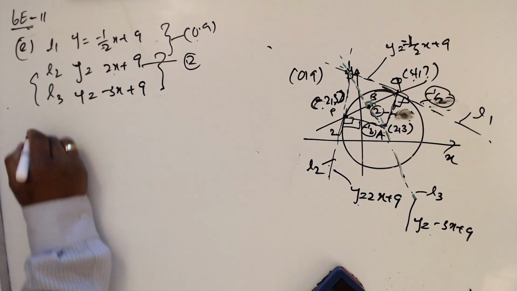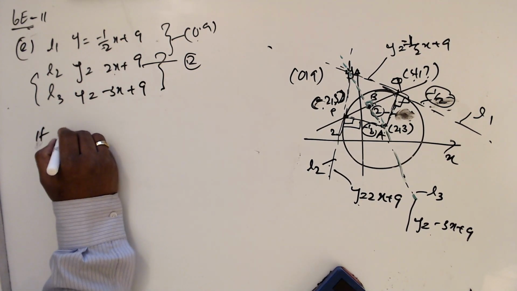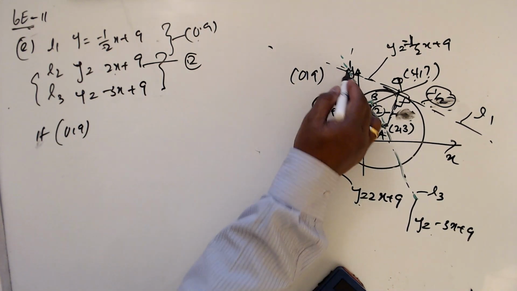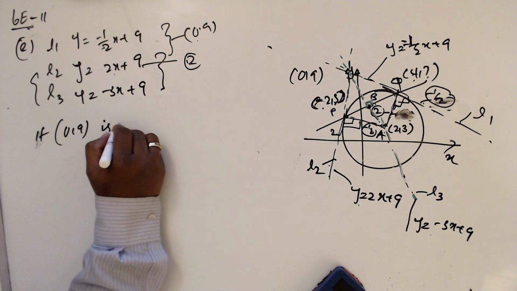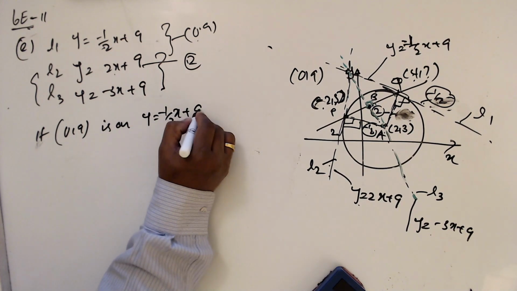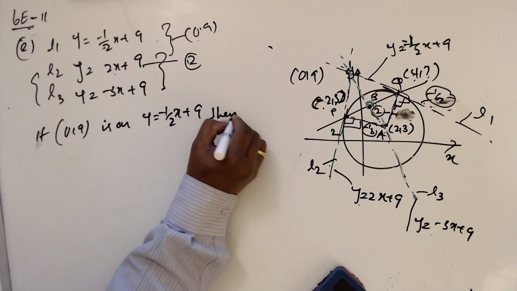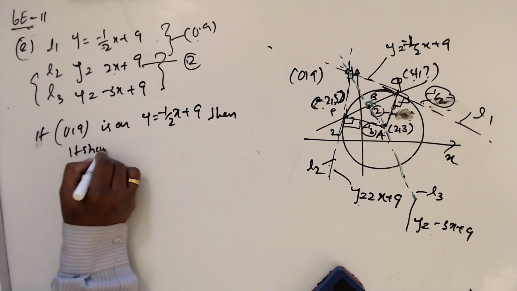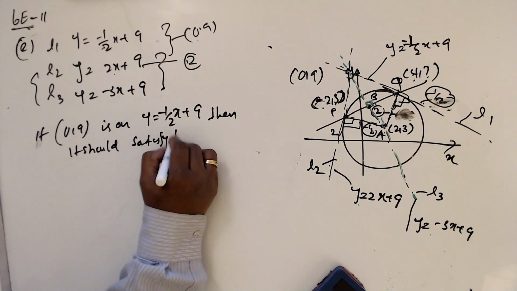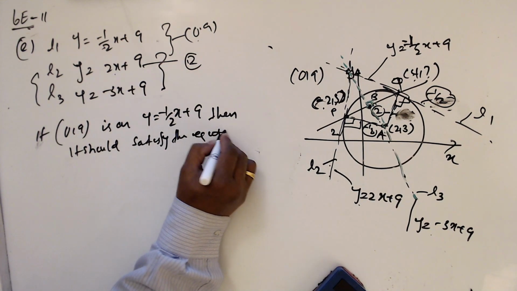Now if (0, 9) is on y equal minus half x plus 9, then it should satisfy the equation.